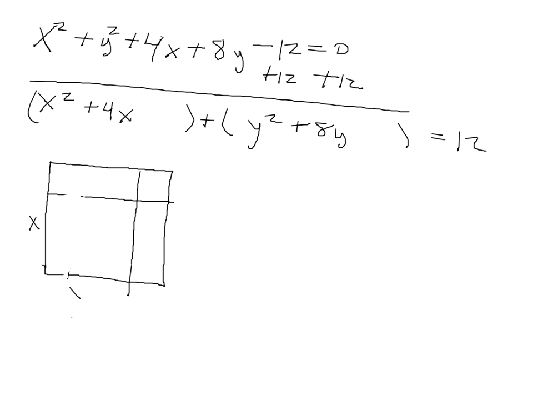So this is x and this is x. And half of the 4 goes here and the other half goes here.